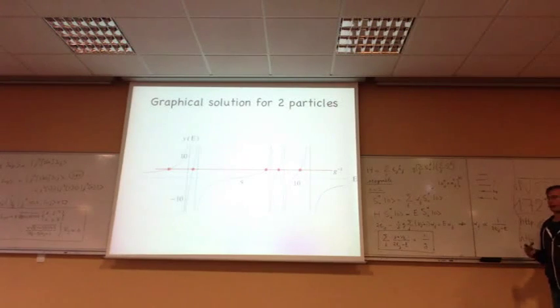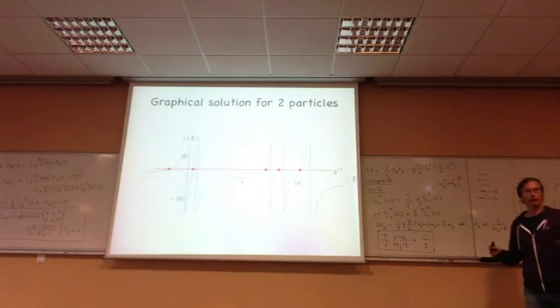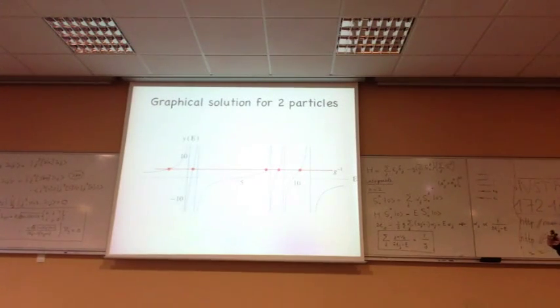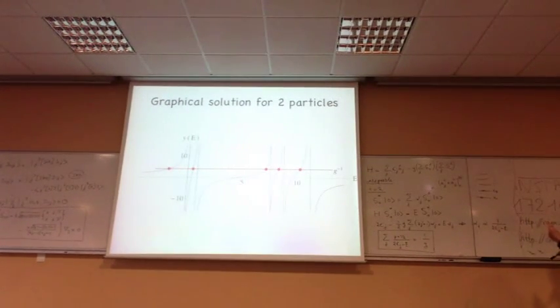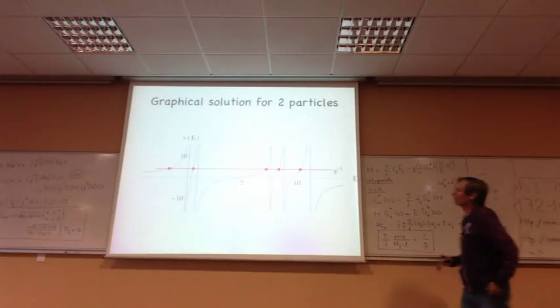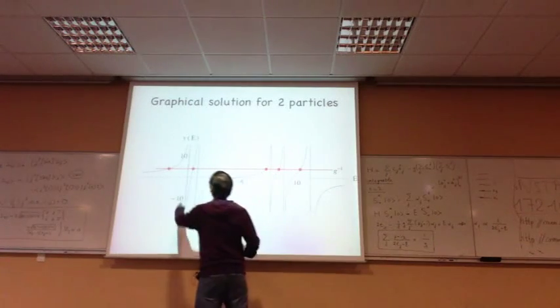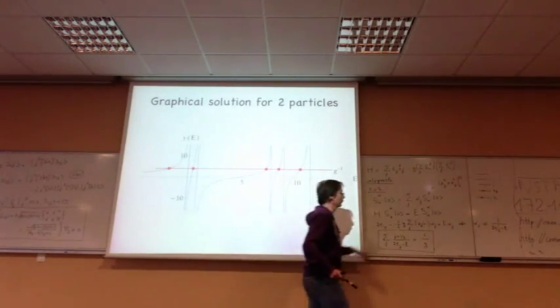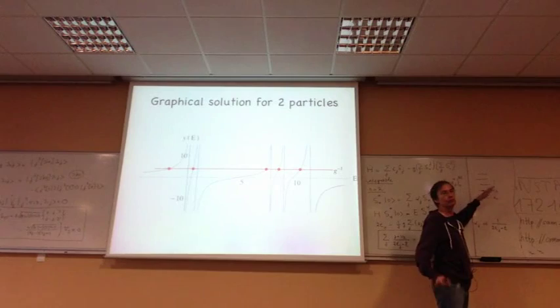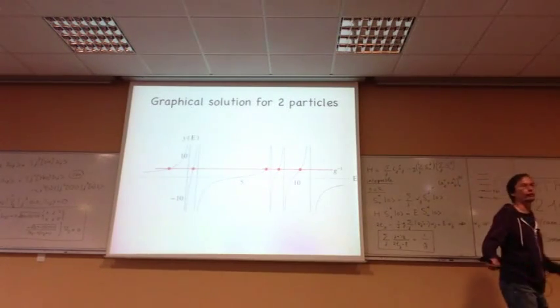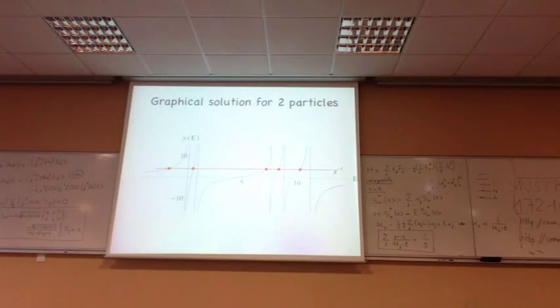Essentially, I'm talking here about bound state problems, so no complex energies. I must have put the first energy here at 0, but I could have put minus 1, so it wouldn't change.